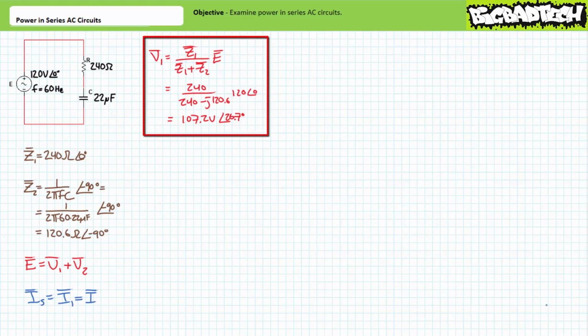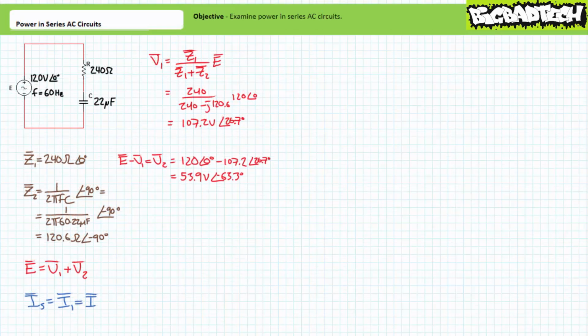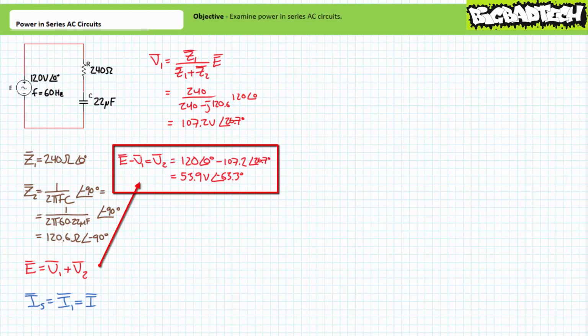The voltage divider rule suggests that V1 equals 107.2 volts at an angle of 26.7 degrees. Given we know the source voltage, and we now know the voltage drop across the first element, a rearrangement of the Kirchhoff's voltage law equation for this series circuit and solving for the unknown V2 suggests that V2 equals approximately 53.9 volts at an angle of negative 63.3 degrees.